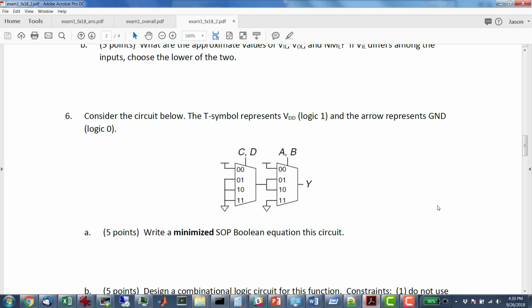Let's see if I can fit this. 0, 0, 0, 1, 1, 1, 1, 0. This will be A, B, C, D. So if A and B are both 0, then those are all marked off, right? If you've got not A and B, which is this column, and C and D are both 0, that would be this guy, right?